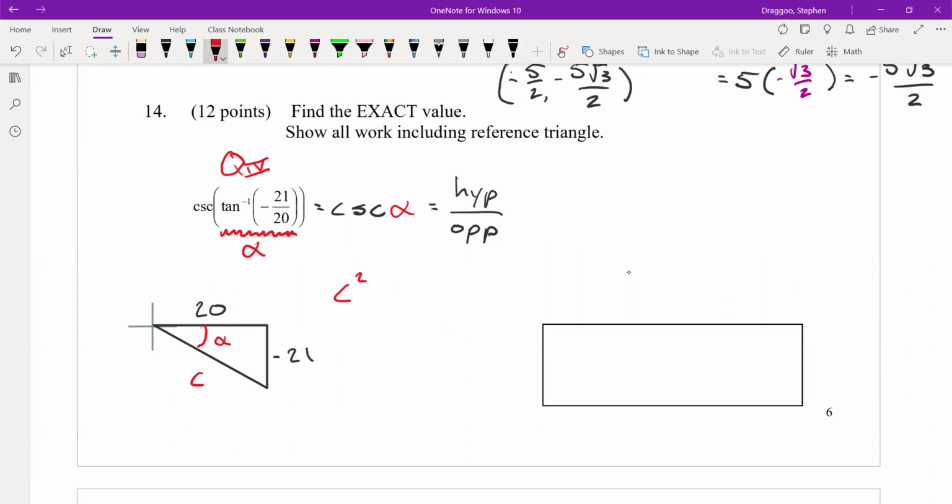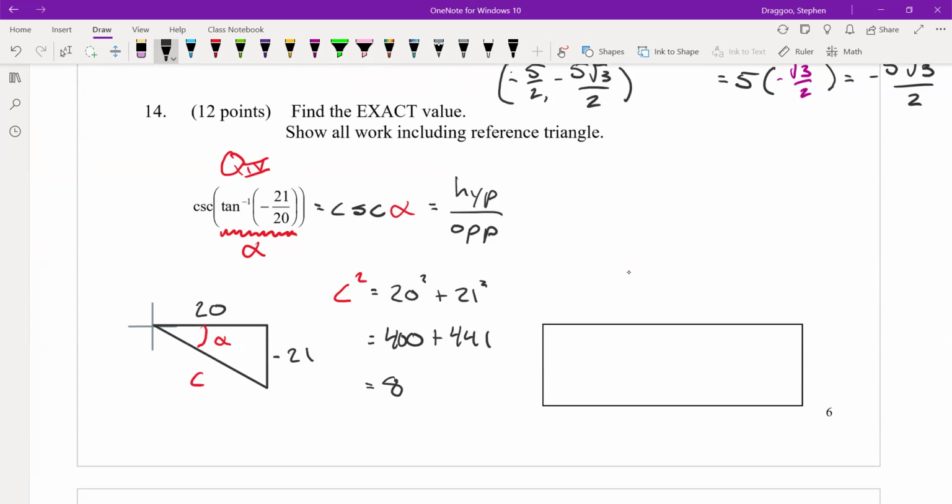Solving for a hypotenuse means going to the Pythagorean theorem. So c squared is equal to 20 squared plus 21 squared, which is 400 plus 441.